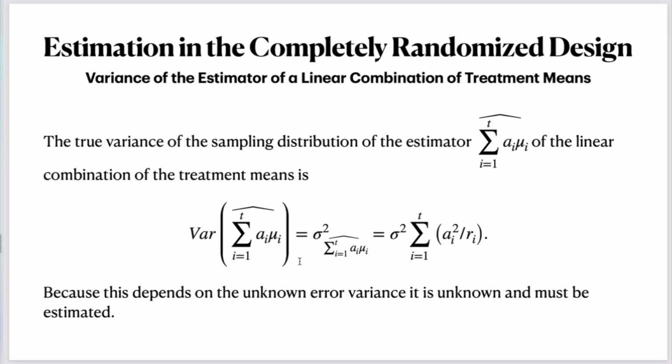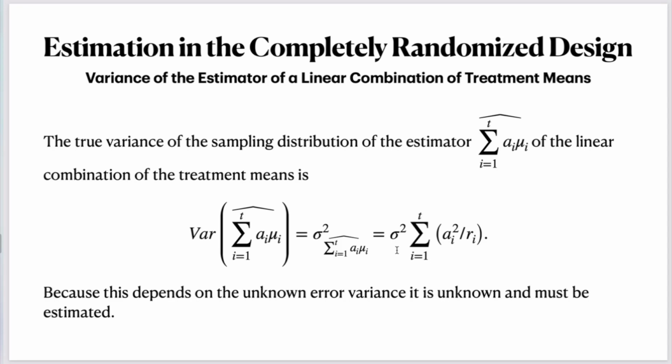We can also denote that as sigma squared with the estimated linear combination in the subscript. Apologize for that. We'll denote this variance in each of these two ways.